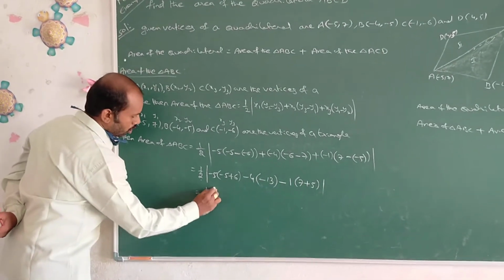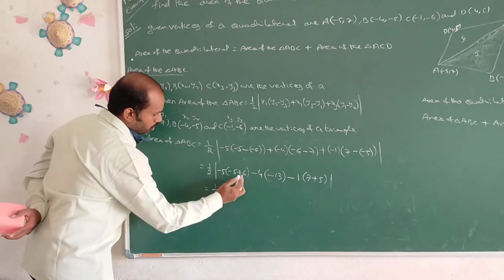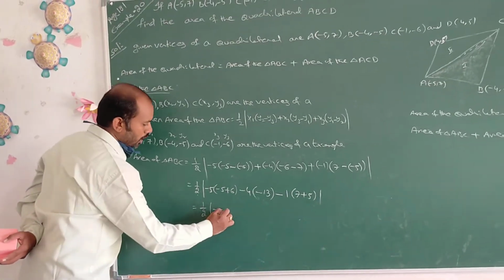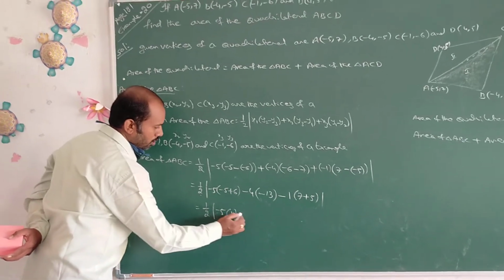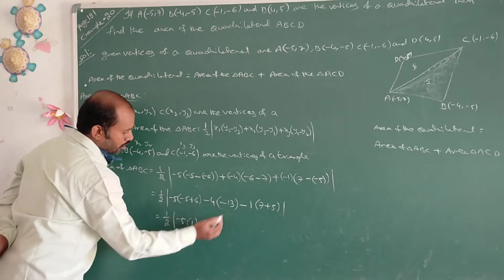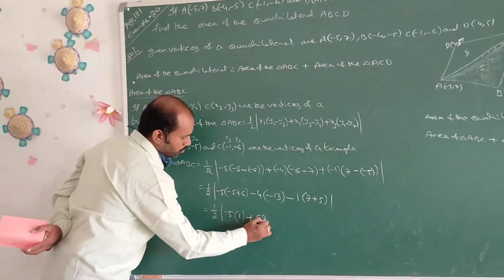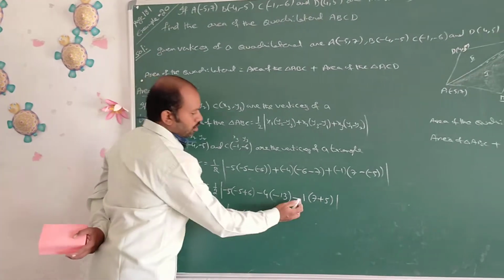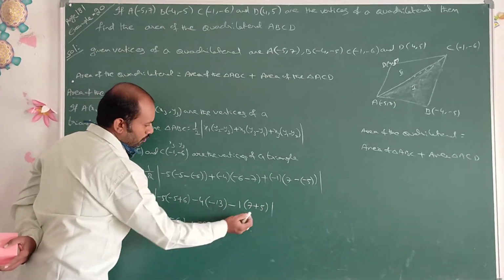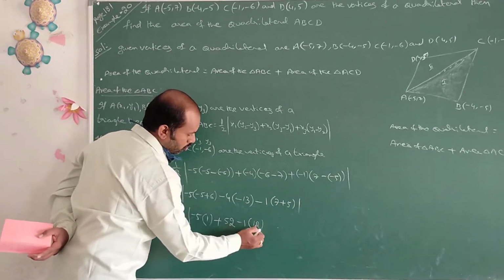Of modulus, here minus 5 plus 6, here the positive value is more, so positive, we get 6 minus 5 is 1. Here minus 4, minus into minus plus, 13 4s are 52, right? Here 7 plus 5 minus 1 into 7 plus 5 means 12, you write 12.